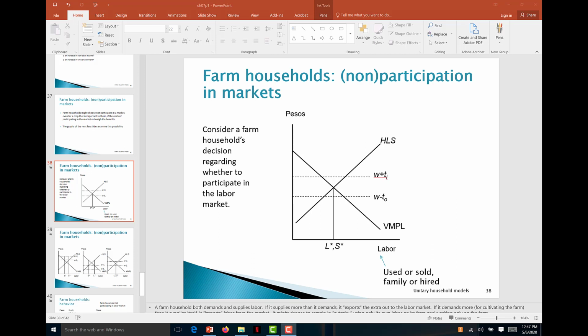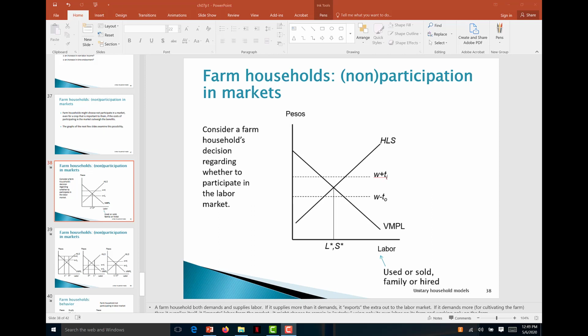On the other hand, if you want to hire a laborer, you also have to endure costs, and that cost is represented by TI. TI is the per day transfer cost of hiring in non-family labor from the labor market. Also for hiring labor, of course, you have to deal with transaction costs.